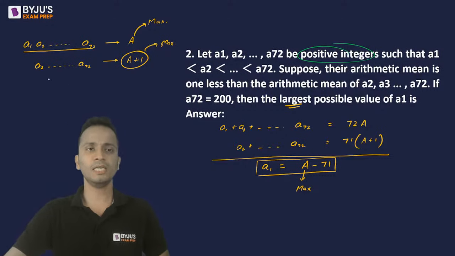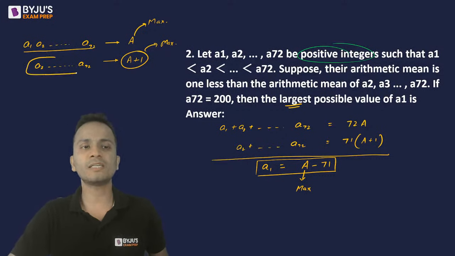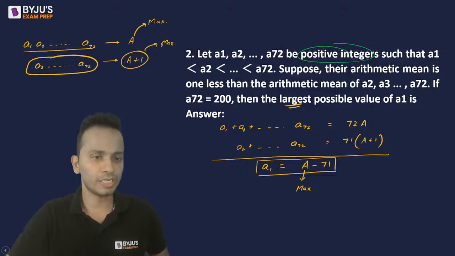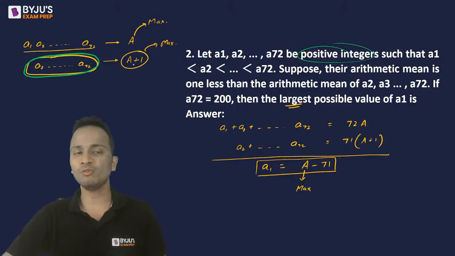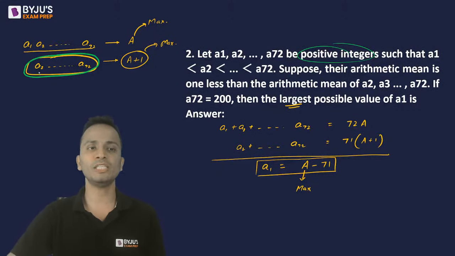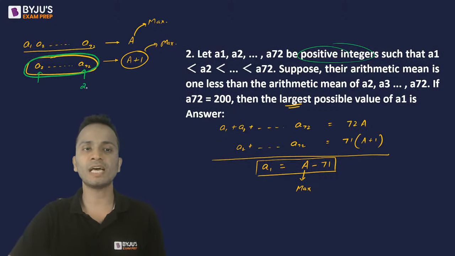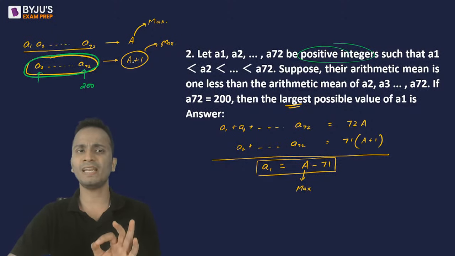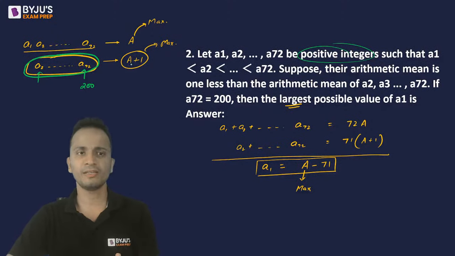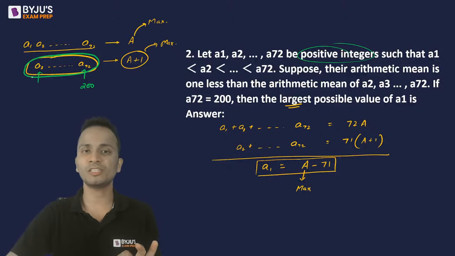All right. Now, look at these terms, these 71 terms. Wait, I'll change the color of the pen. Okay, so look at these 71 terms now. To maximize the value of A plus 1, I'll have to maximize each of these numbers. The value of A72 is given as 200. In order to maximize the value of capital A, I'll have to maximize each of these terms.